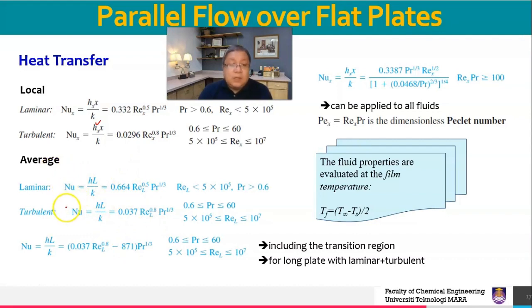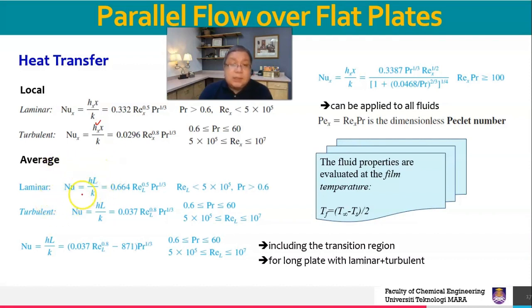For laminar you have the same general equation, stating that when you get Nu, you will definitely get H, because H is something that we cannot determine by the properties of the fluid or the conditions surrounding it. We will only know it when we know the value of Nu.